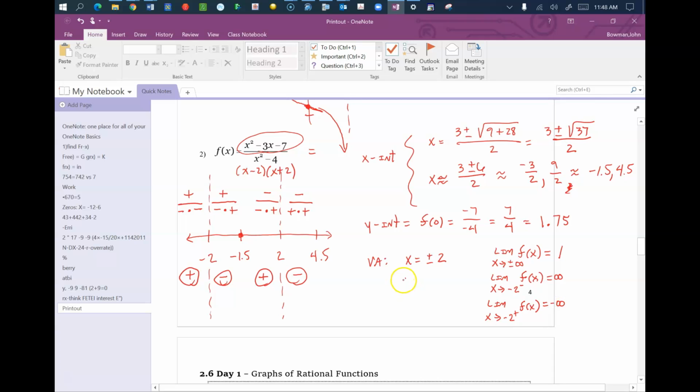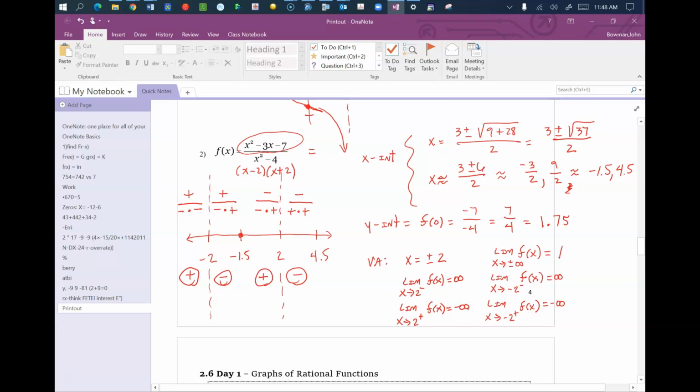The limit as x approaches positive 2 from the left is positive infinity, and the limit as x approaches 2 from the right is negative infinity.